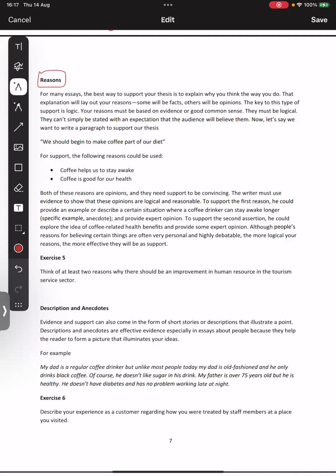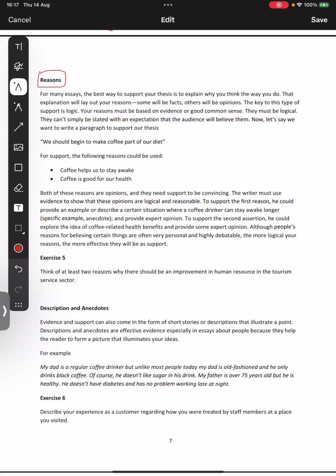Now, let's say we want to write a paragraph to support our thesis: we should begin to make coffee part of our diet. For support, the following reasons could be used. Coffee helps us to stay awake. Coffee is good for our health.